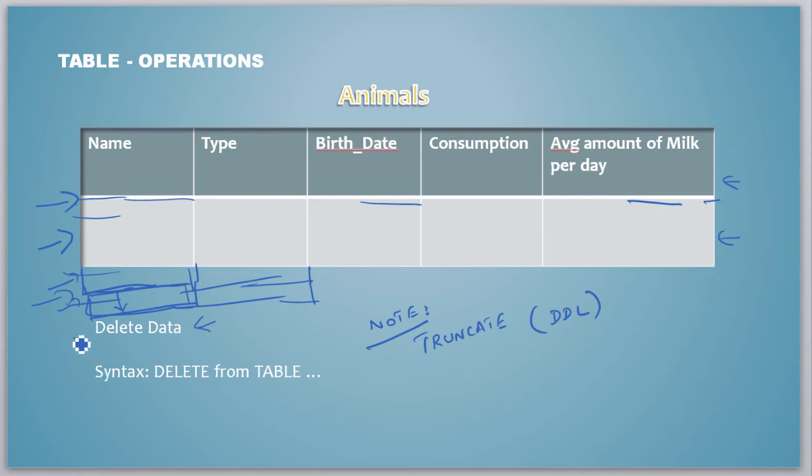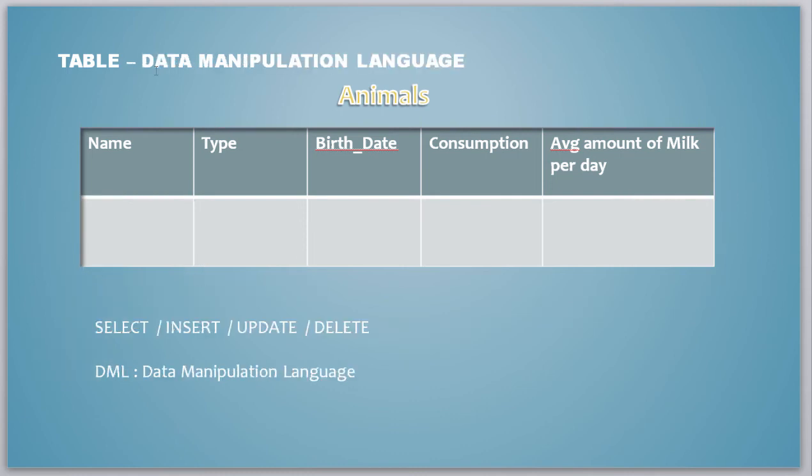The important thing to note is delete, and let's ignore truncate for a while, because I want to talk about select, delete, insert and update, because all these make up another type of language, which is data manipulation language, using which we basically manipulate the data.